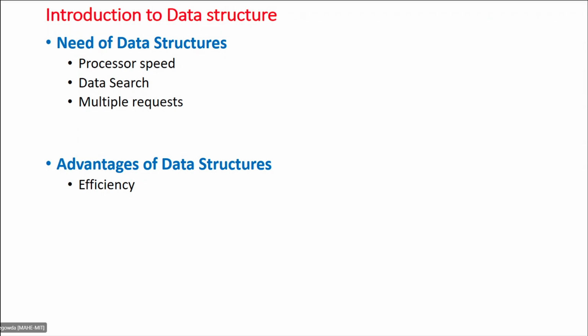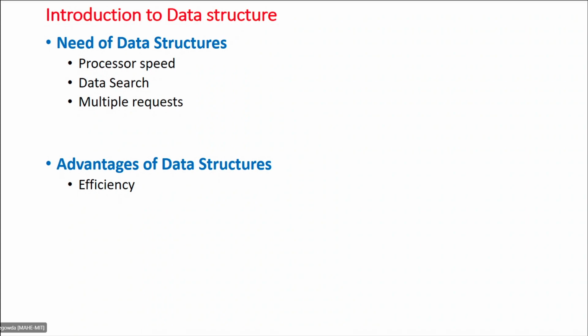But there are better data structures which can make the search process efficient, like an ordered array. For example, the items can be stored in an ordered array, in ascending order or descending order. If the data are arranged in order, it is very easy to search.